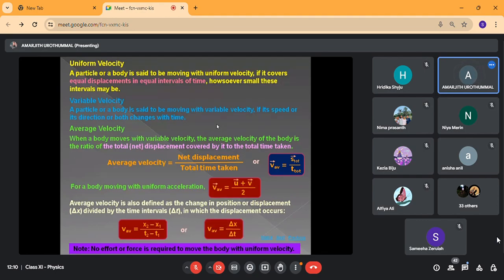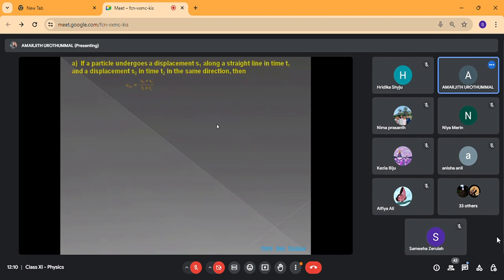Now, that is same only. As we already told, we have some equations to find the average speed. Similarly, we have some equation to find the average velocity also.